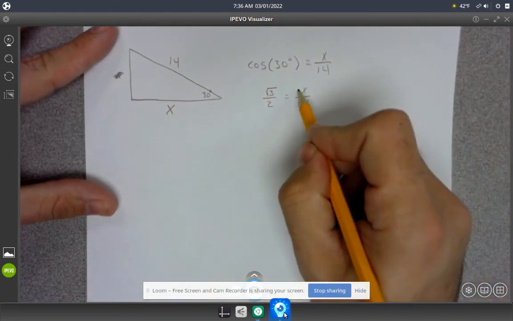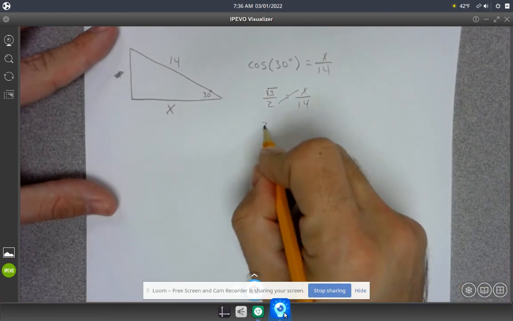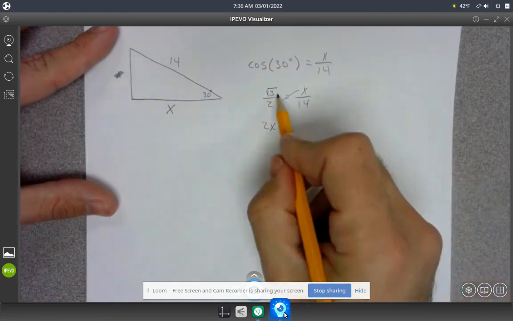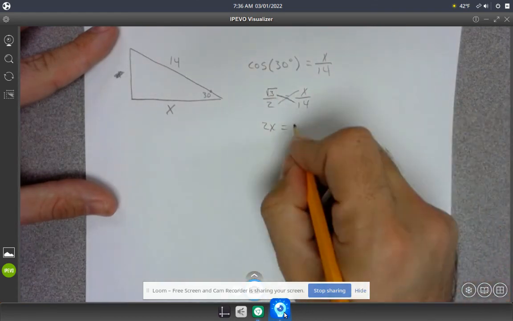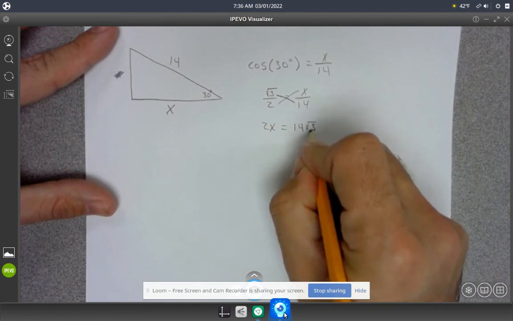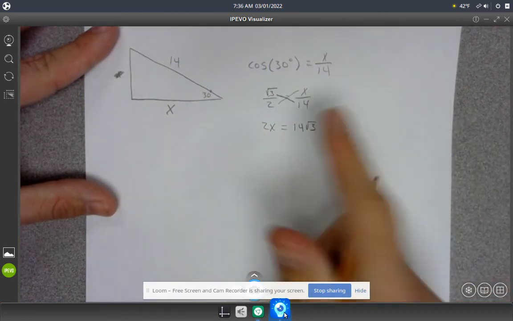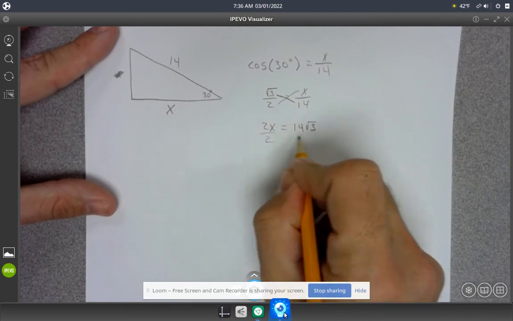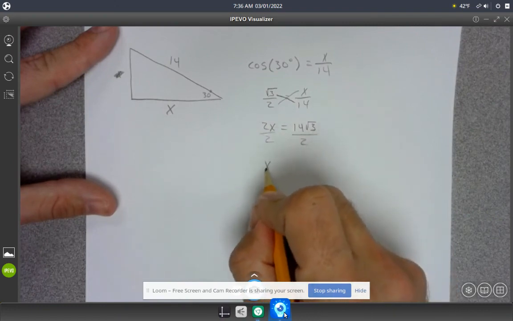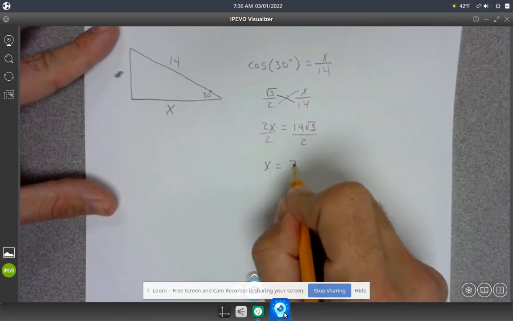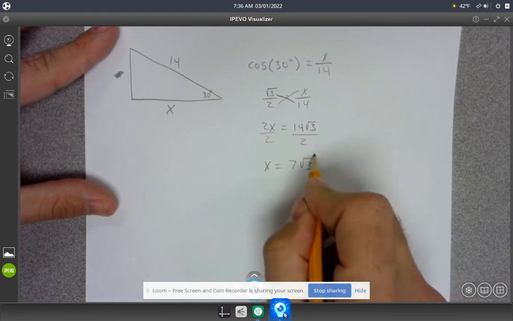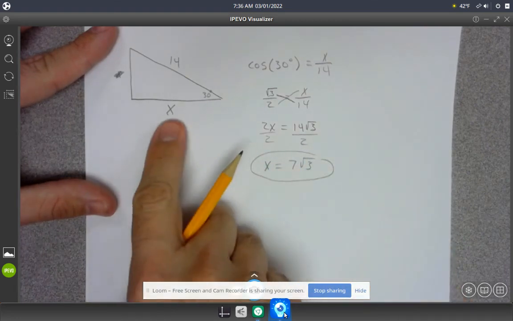Let's cross multiply. That's going to be 2x, and this is going to be 14 root 3. And then you just divide by 2. That's it. So our answer for x is going to be 7 root 3. That would be the exact form for that.